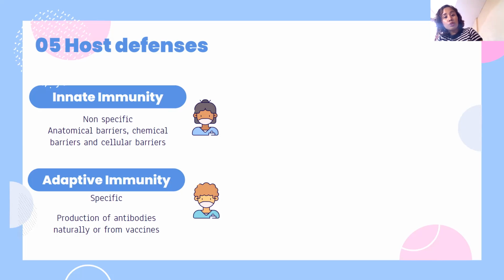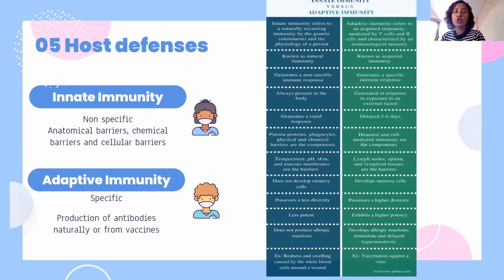However, there is also vaccination, wherein the vaccines will prompt the body to create antibodies against the COVID-19 virus. So your innate immunity is also called natural immunity. Your adaptive immunity is also called acquired immunity.